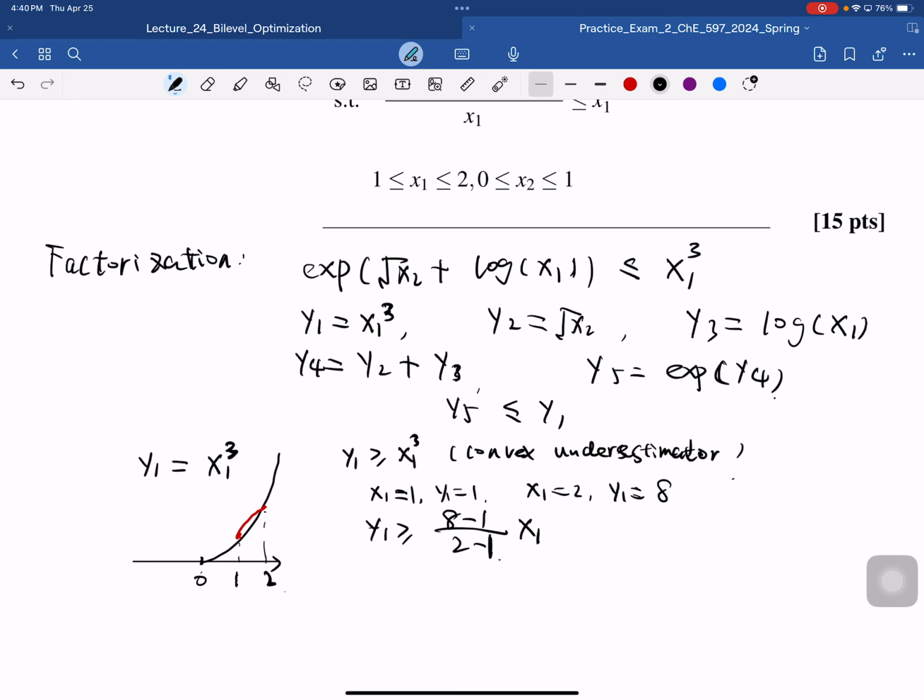So you have minus 6 here, which is 7 times x1 minus 6. No, it should be less than or equal to. This is an overestimator.